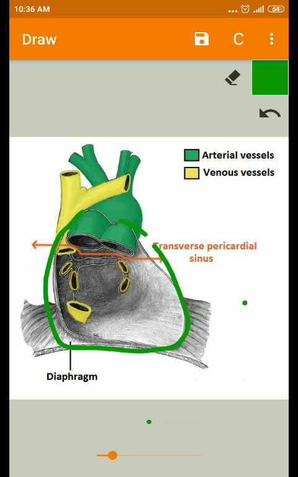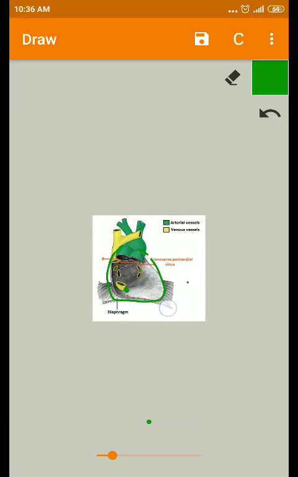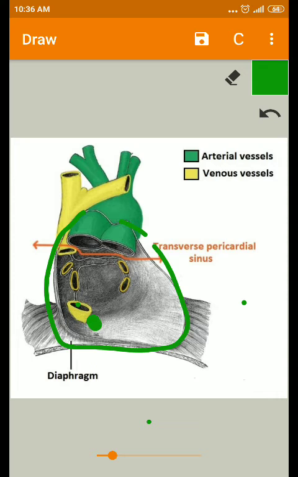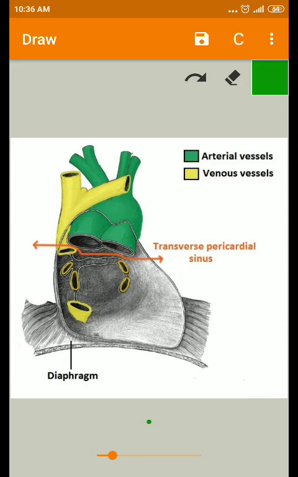This portion is filled with the heart. So it has the heart at the center, with cardiac vessels and nerves. The contents of the pericardium include the heart with cardiac vessels and nerves, and also the ascending aorta.